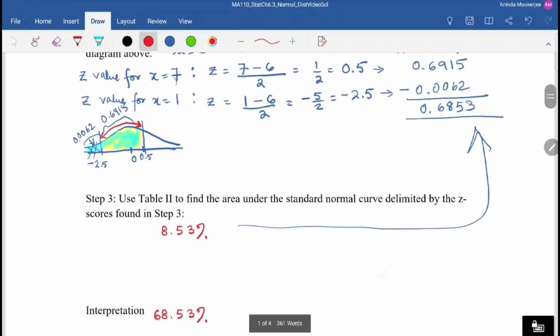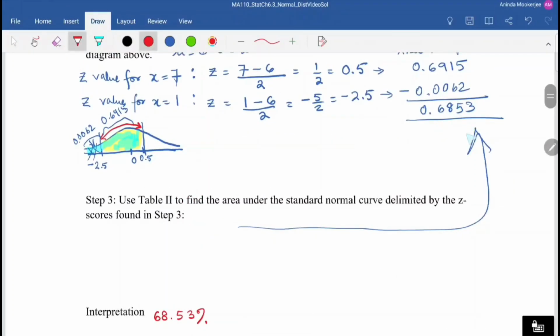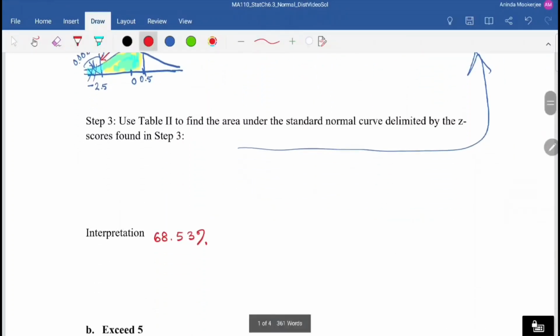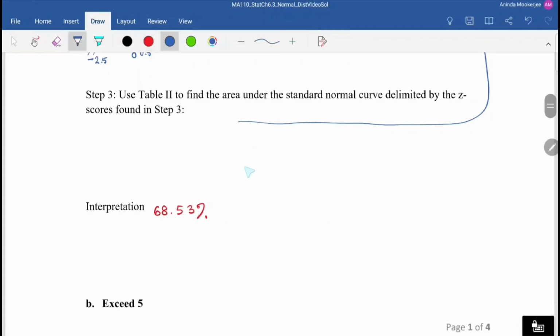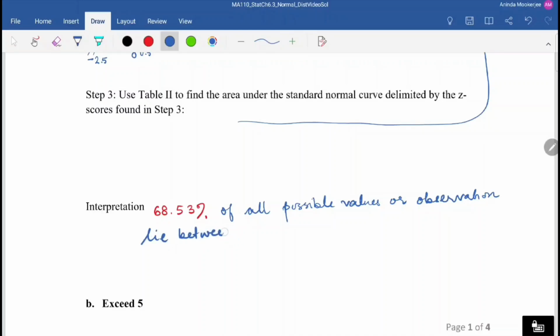You have to convert your 0.6853 to percentage form. So 68.53% of all possible values or observations lie between the values 1 and 7.